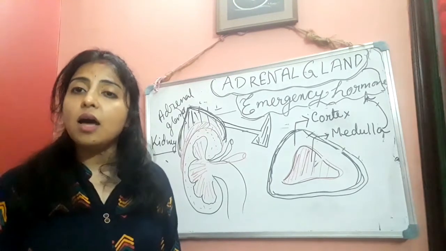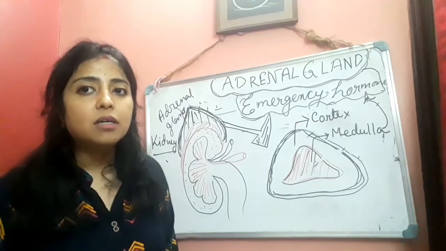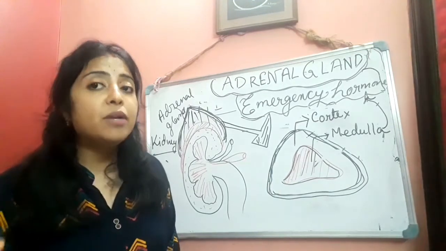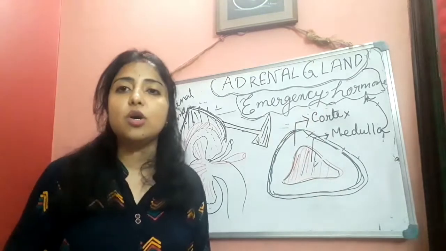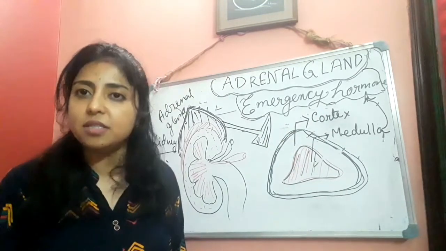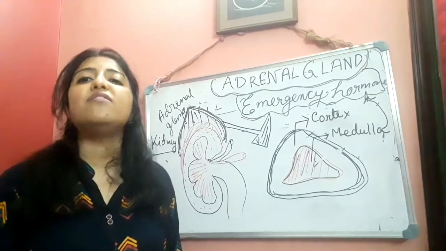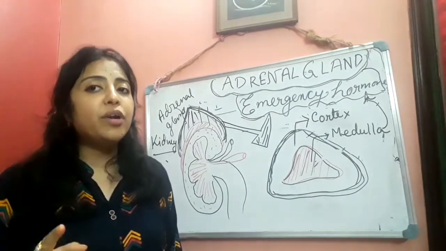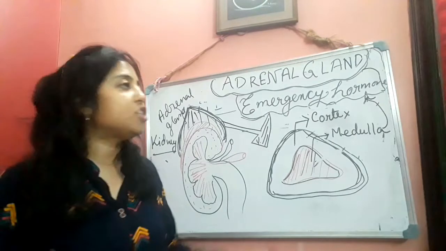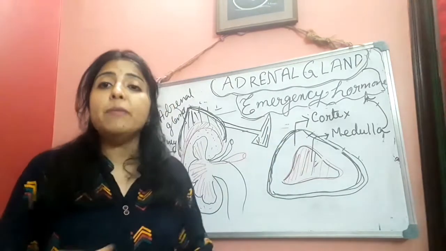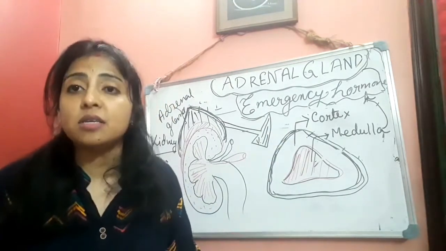But while I was going through the chapter, we became familiar with this term, emergency hormone, and adrenaline is known as the emergency hormone. At that time we understood that during a critical situation it will be secreted to minimize the physical stress.